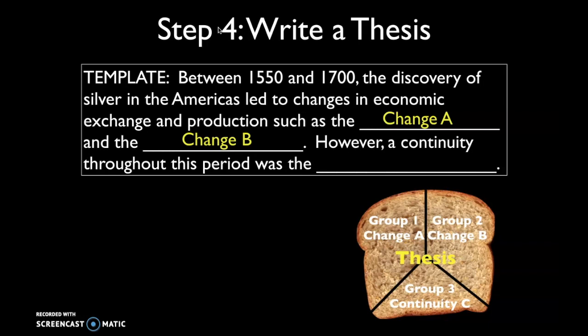Now we use our transition word here, however, because we want to write a more complex, nuanced essay. A continuity throughout this period was the continuity C. That is a good way to write a thesis.